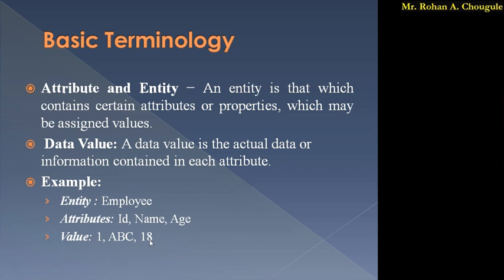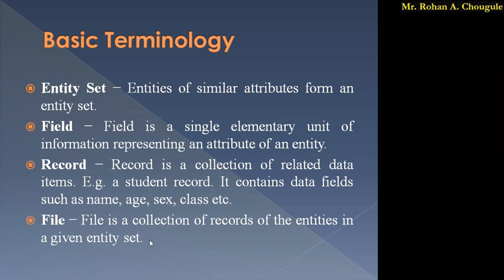From this I think the things are clear: what is entity, what is attribute and what is value. So this is about attribute, entity and data values, and we have seen one simple example. Next we will see a simple entity set. So what is entity set?